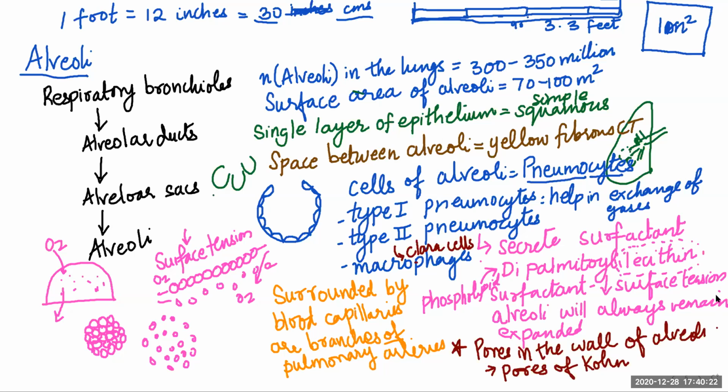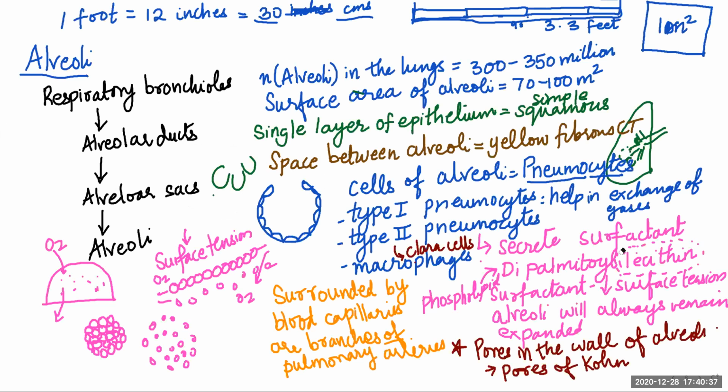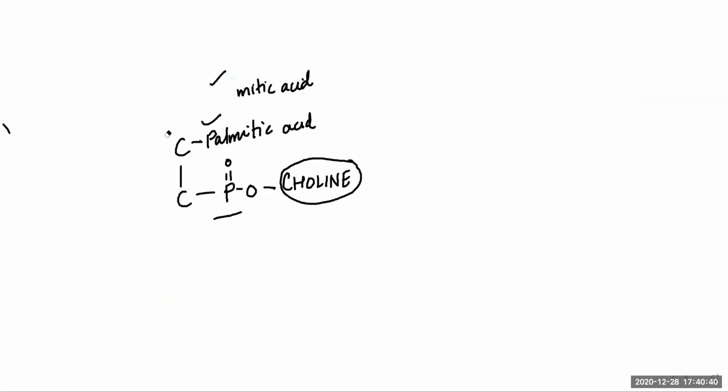Then we move on to the next part, and here we have completed the entire respiratory system. But here the respiratory system needs to be looked at in terms of an organ. So what was the organ? The organ was lung, right?